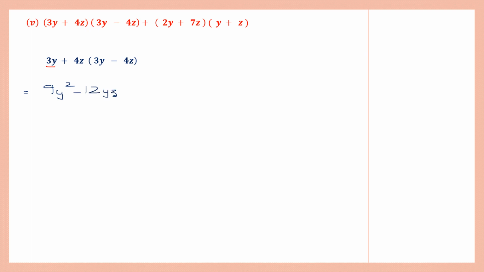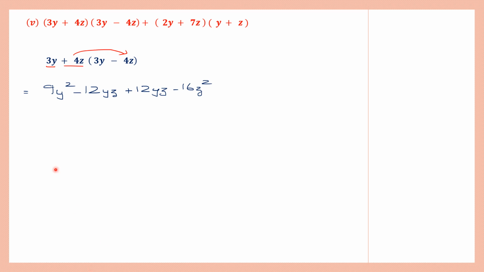Now let's go on to the next one, that is 4z into 3y. The sign is plus. 4 3's are 12. Zy is zy or yz. Okay, when we multiply, that's what we get. Then we go on to 4z into minus 4z. The sign is minus. 4 4's are 16. Z into z is z square.